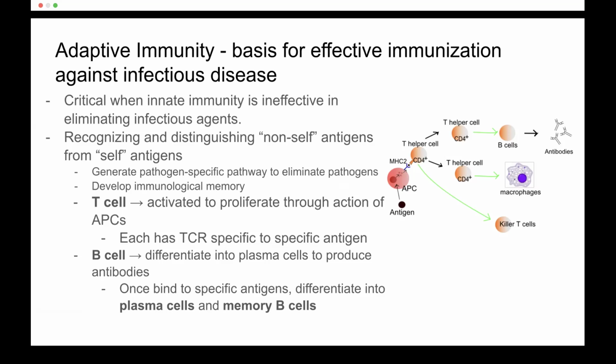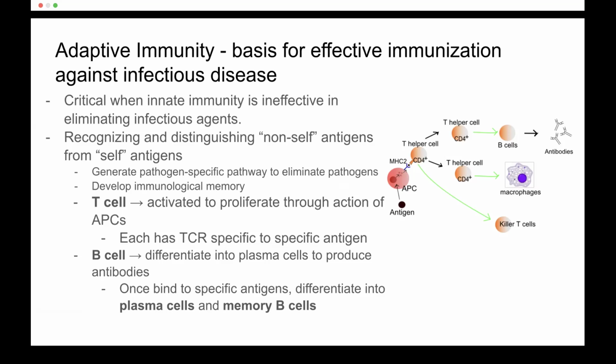And each T cell receptor is specific to a specific antigen, so it's like one-to-one. And B cells are kind of similar but different in that they don't need antigen presenting cells to bind to antigen. They can bind directly. And once bound to that antigen, they will differentiate into plasma cells to produce antibodies.